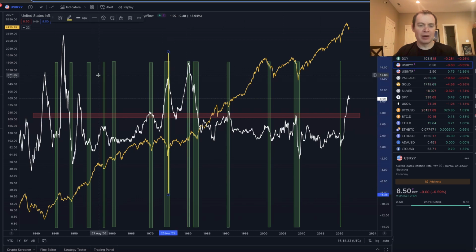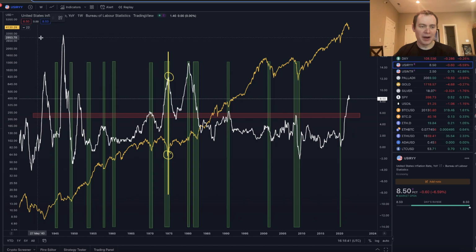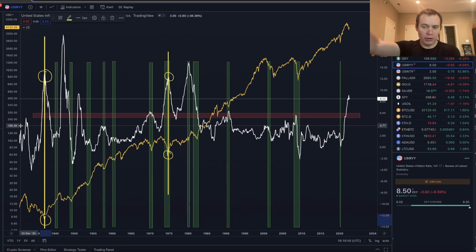And if you look at when inflation year over year peaked, it corresponded to when the S&P 500 bottomed. That happened in the 1970s, and it also happened over here in the 1940s. So both of these times, when you had that initial run of inflation to 8, 9, 10% or higher, whenever it peaked is when the stock market eventually bottomed.